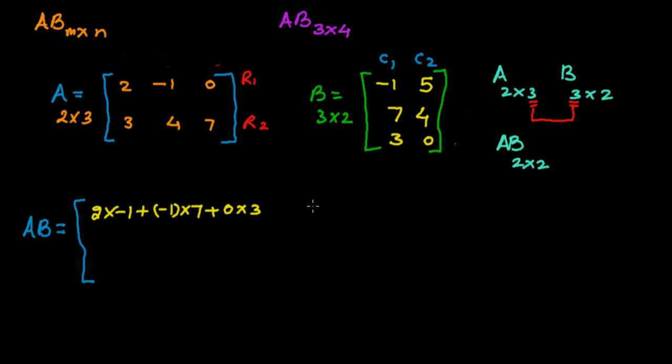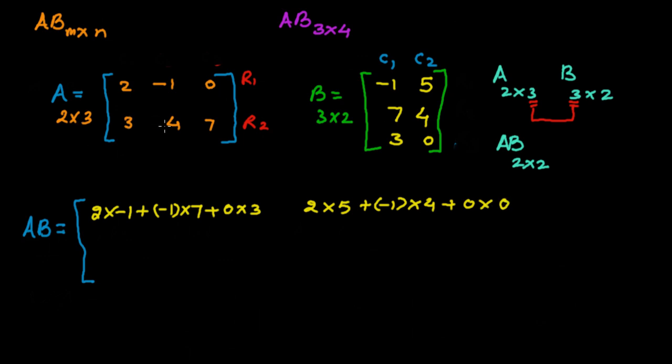So here also 2 multiplied by 5, first element with first element of this column, second element of this row with the second element of this column. So plus minus 1 multiplied by 4 plus 0 multiplied by 0, the third element with third element.